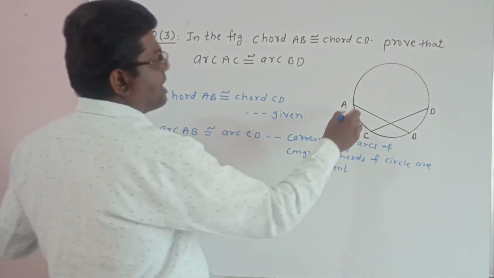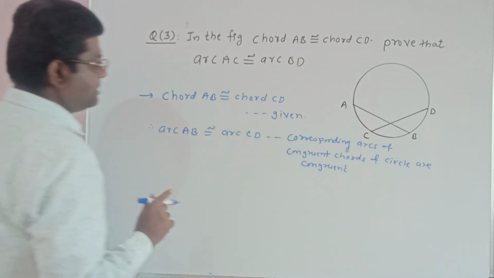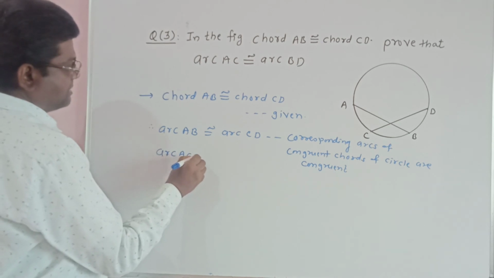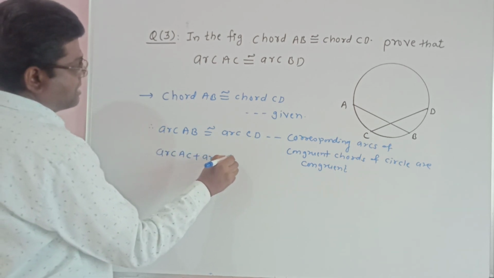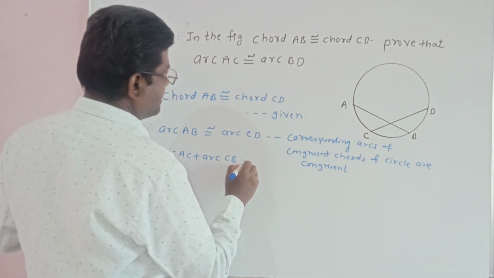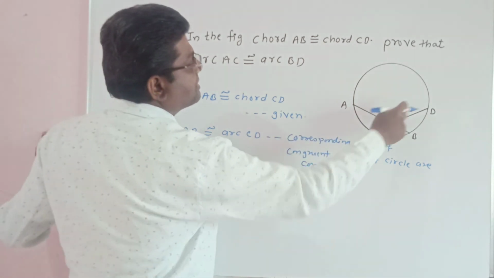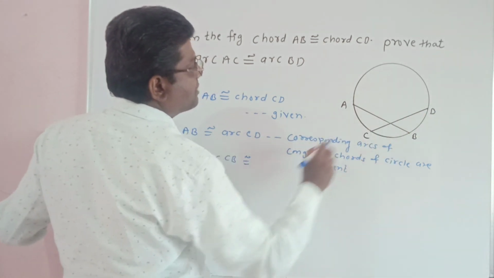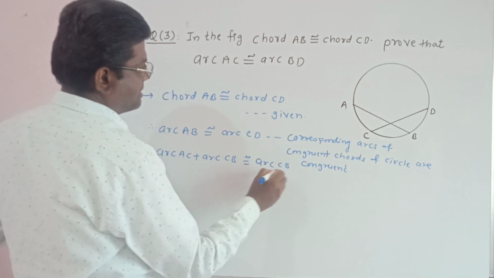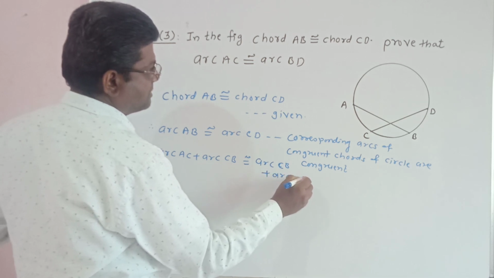But arc AB is equal to arc AC plus arc CB, congruent to arc CD, which is equal to arc CB plus arc BD.